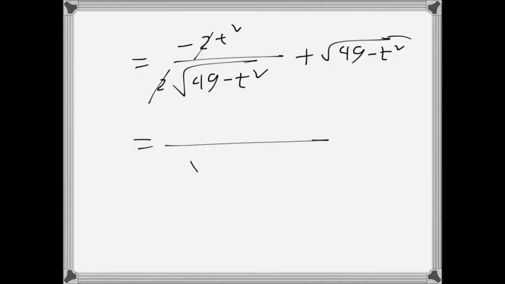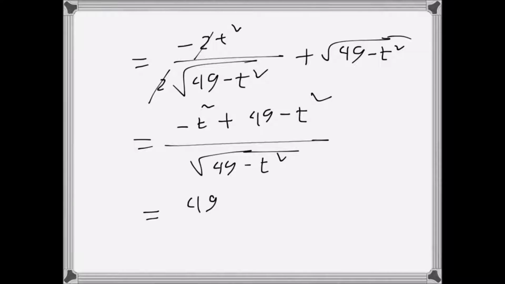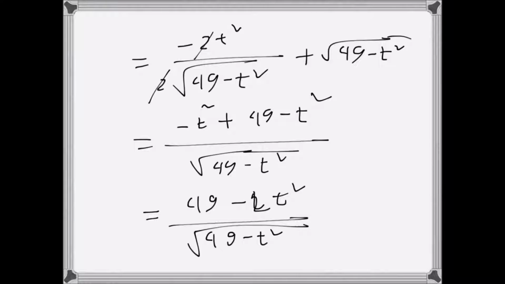So basically 49 minus t squared over here, minus t squared plus 49 minus t squared, so 49 minus 2t squared, over 49 minus t squared. So this is the velocity.